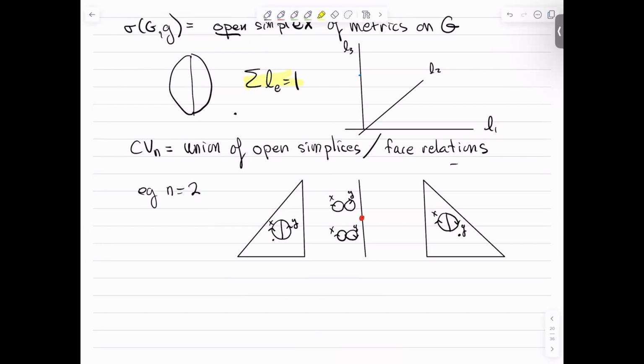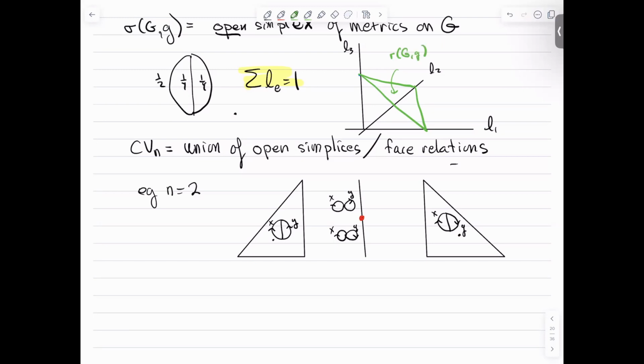So 1/2, 1/4, 1/4. That's a point in this open simplex. And altogether, if the sum of the lengths is equal to 1, then I get a simplex, which I'm going to call sigma of G.